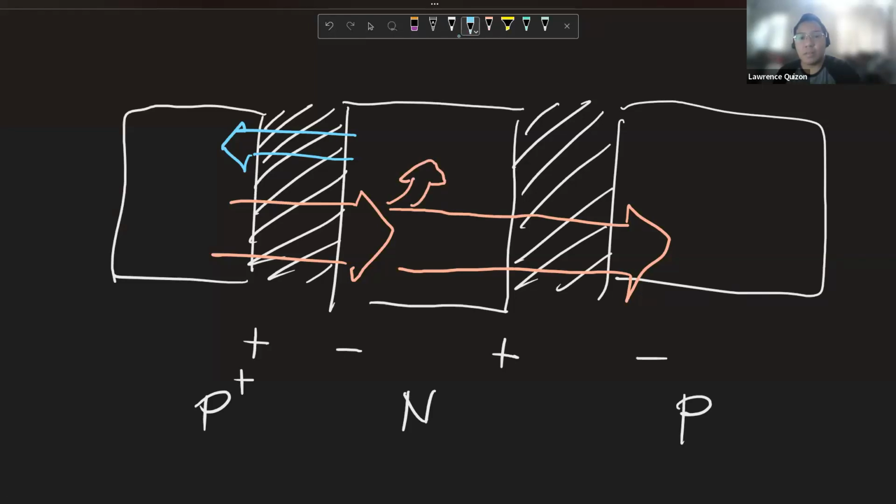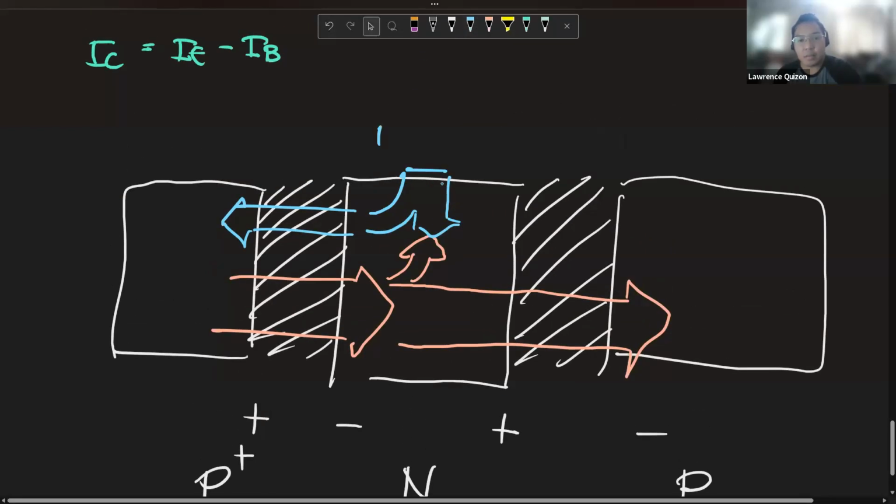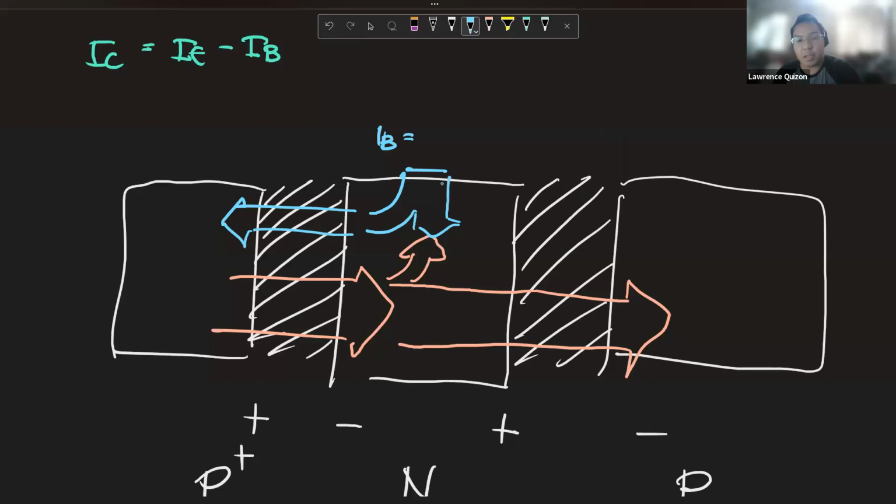Some of it recombines in the base, which tells us that the base current is made up of the recombination current and the electron diffusion, IB1. Alright?